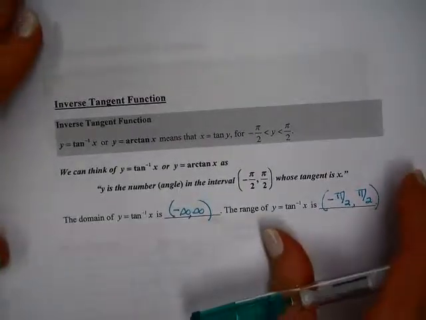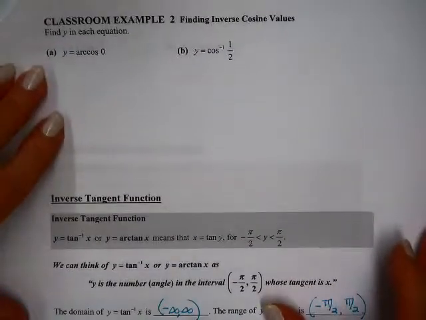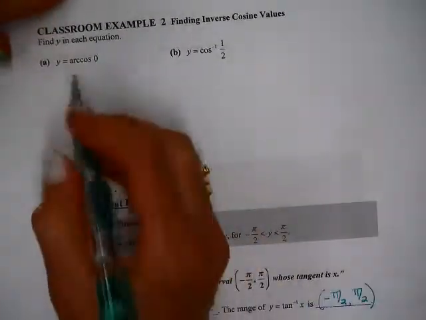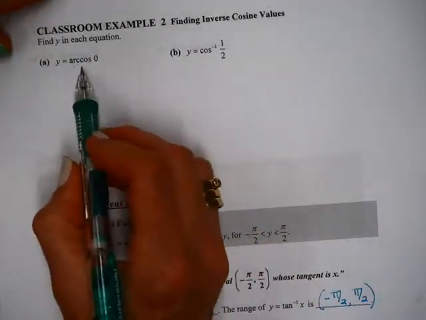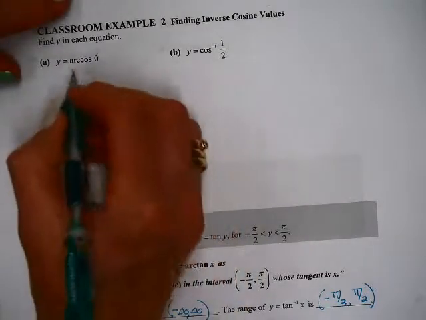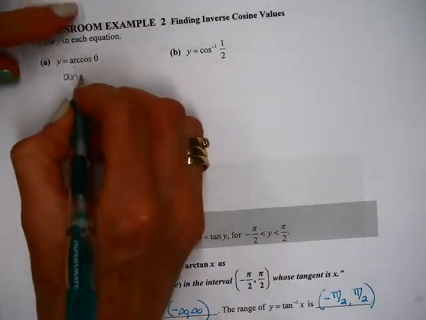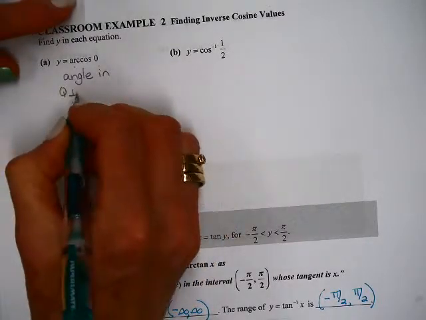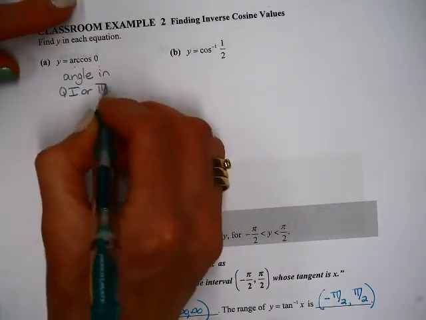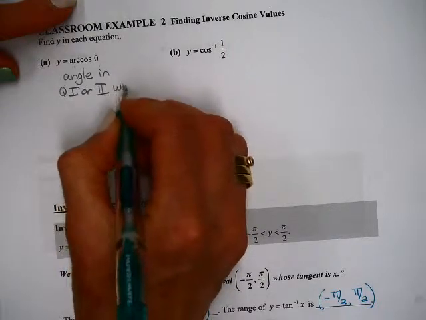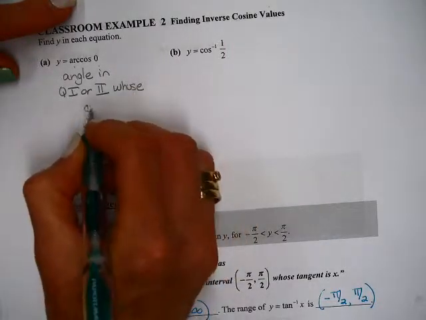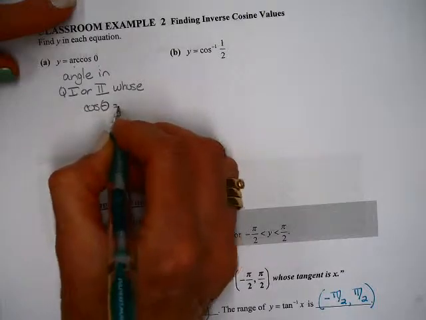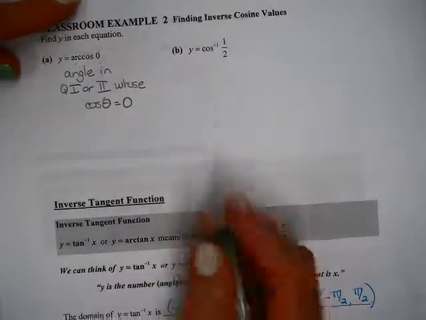So looking at a couple of examples they have on this sheet. Finding the inverse cosine value. Y is equal to arc cosine of 0. They are saying find the angle in quadrant 1 or 2 whose cosine is 0.